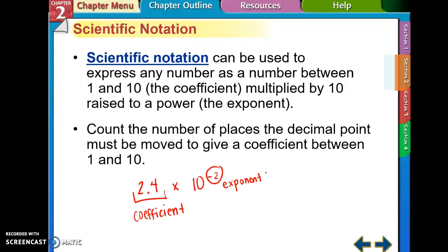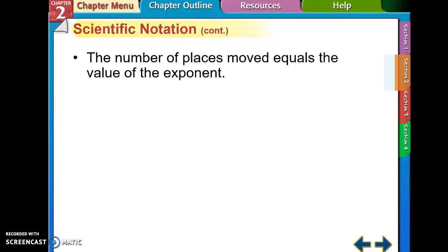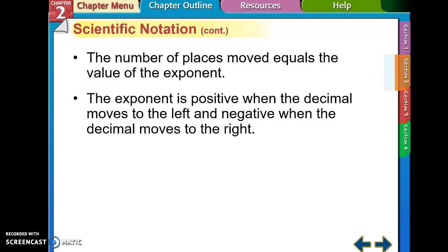So we're going to do a couple practice ones. But what we have to remember is which way the decimal moves. So we talked about the fact that the number of places the decimal moves, or the number of times the decimal moves, equals the value of the exponent. And if the decimal moved to the left, then that means that I'm going to end up having a positive exponent.